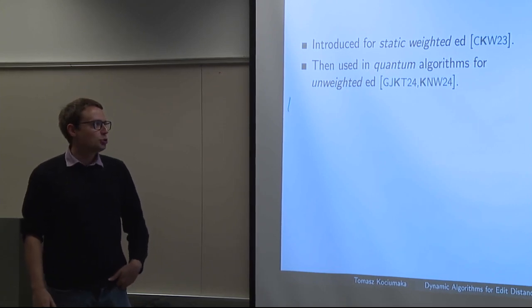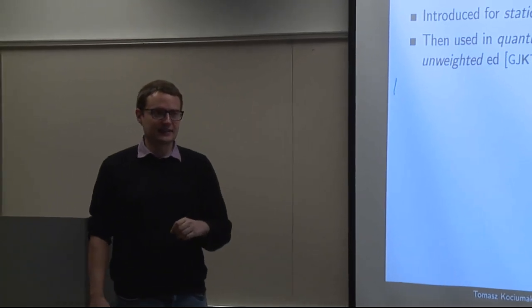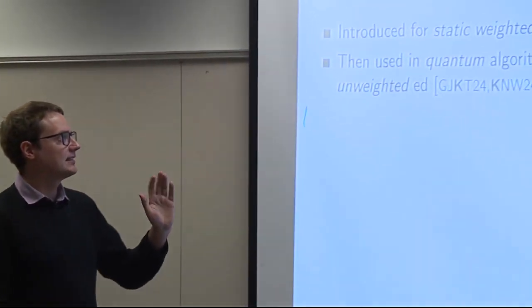And the key tool in those papers was something known as self-edit distance, which basically, in a more high-level approach, tells you that whenever you want to compute edit distance, the worst case is when the strings are to some extent compressible. But let me go fairly slowly and start by introducing this self-edit distance itself.